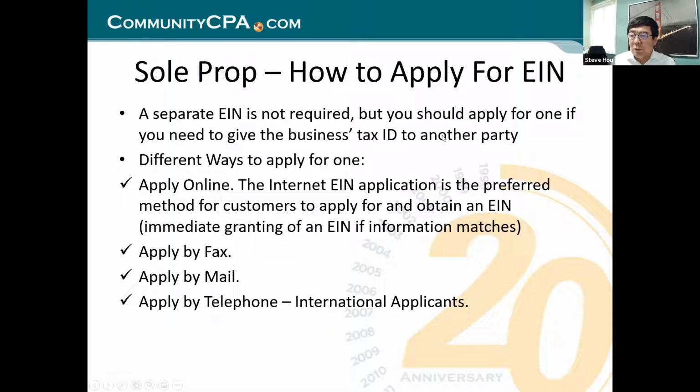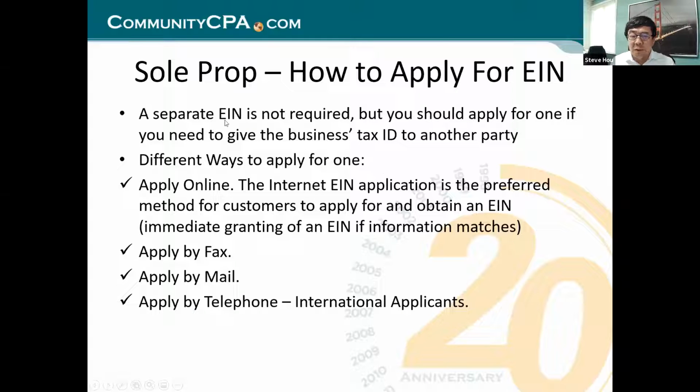But because you're running a business as a sole proprietorship, in many instances some other party will ask you for your business tax ID. And you don't want to just give your Social Security number to anybody that asks for it, for obvious security reasons or ID theft protection. So what you can do is simply apply for an EIN for that purpose.